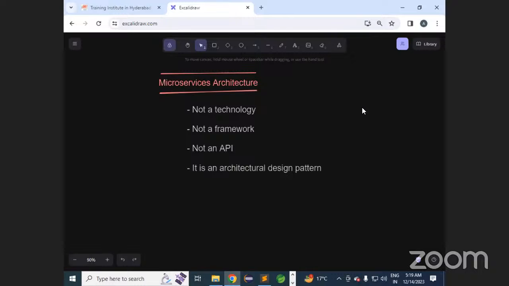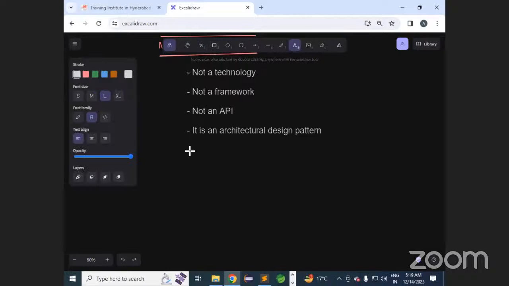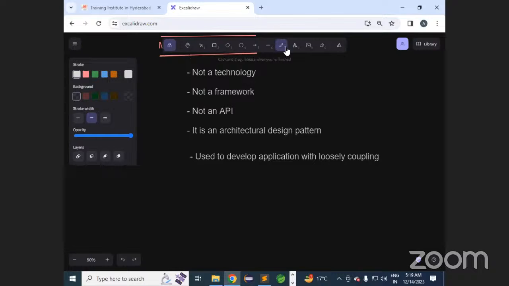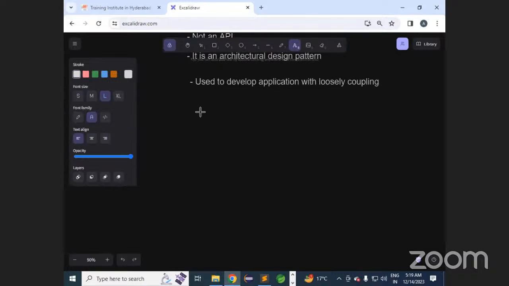Microservices means it is an architectural design pattern. Microservices are used to develop application with a loosely coupling. That means one functionality should be loosely coupled with another functionality. Microservices are nothing but independently deployable applications.